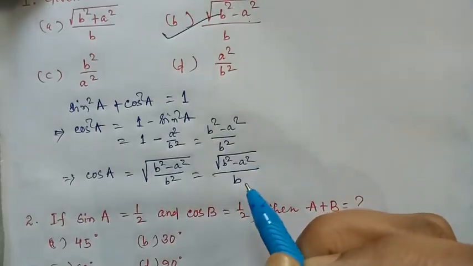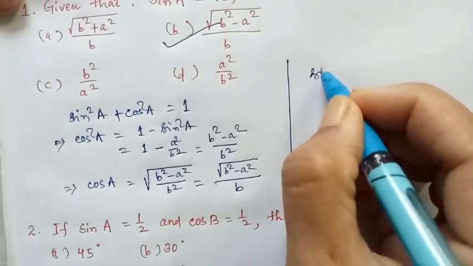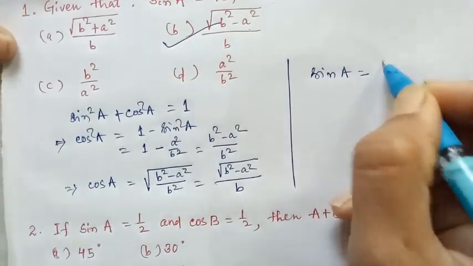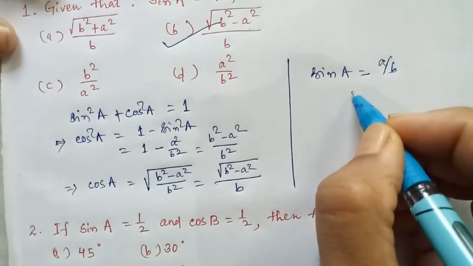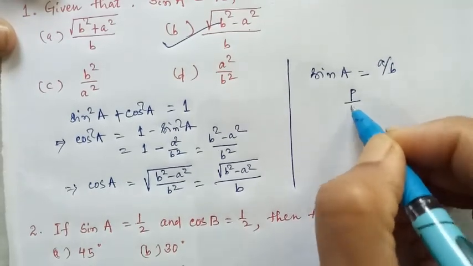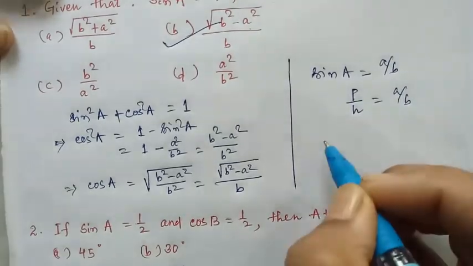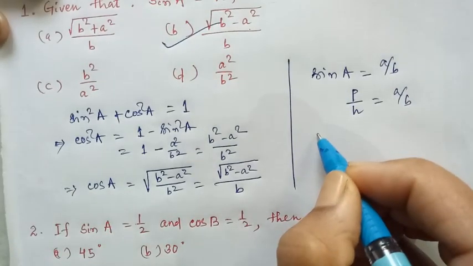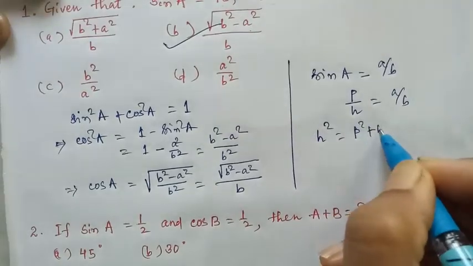In this way you can calculate. Otherwise, as sin A is given as A upon B, and sin A is P by H, equal to A by B, you apply Pythagoras theorem, that is H square is equal to P square plus B square.